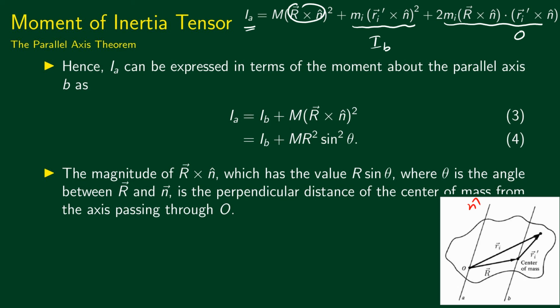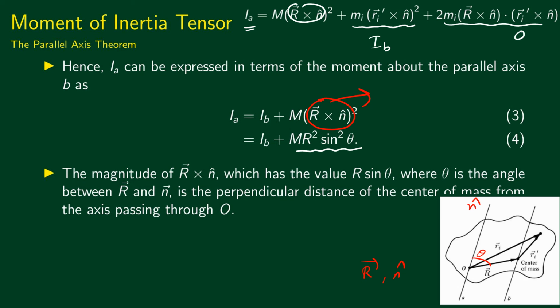Now let's take the angle between them as theta. Remember, it's not the same theta as we wrote before. This is a different angle, but let's write it simply as theta. Here theta is the angle between capital R vector and n hat. So the modulus of R cross n would be the modulus of R vector, modulus of n hat, sine theta, and this becomes M R square sine square theta.